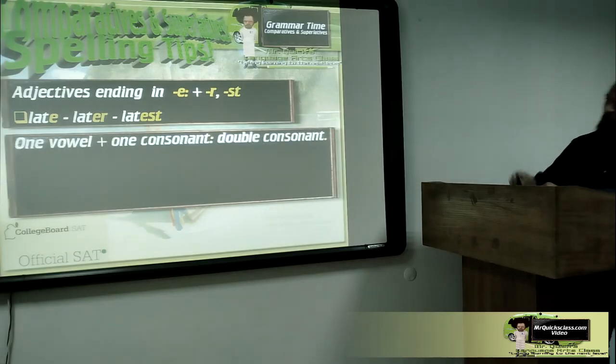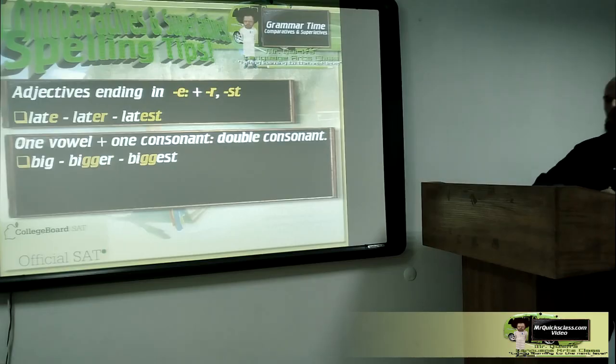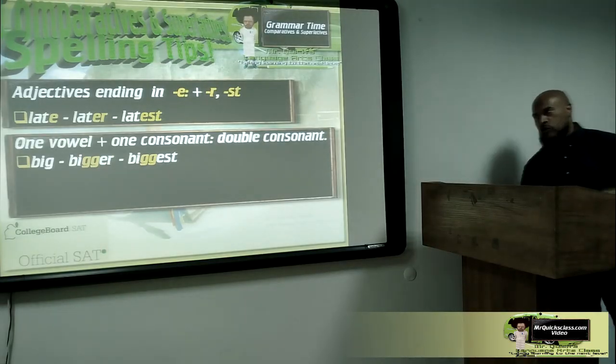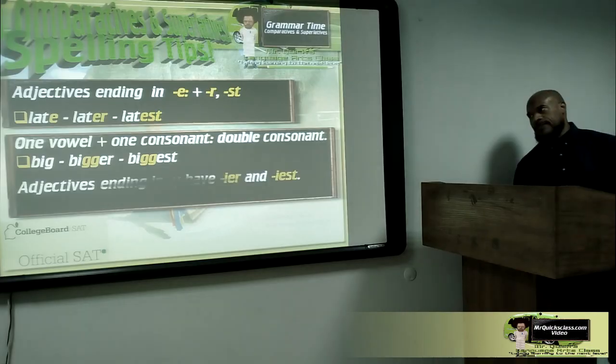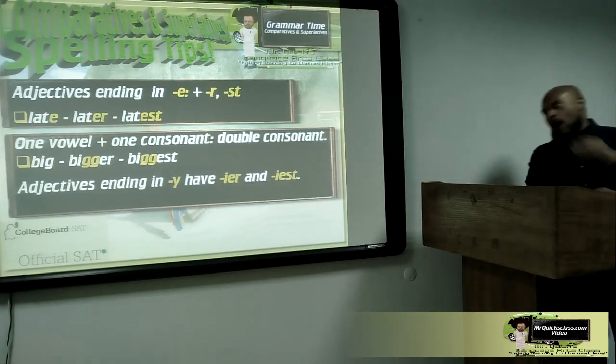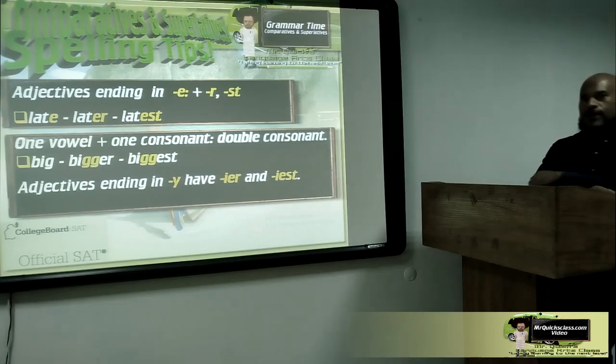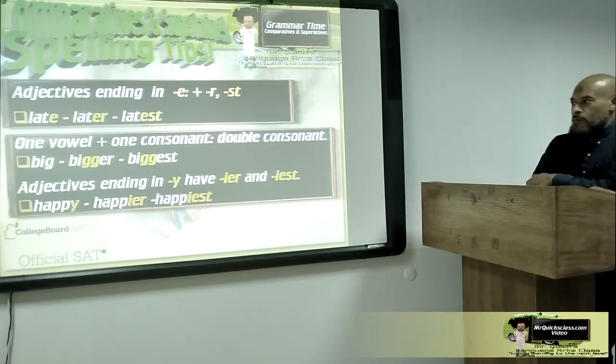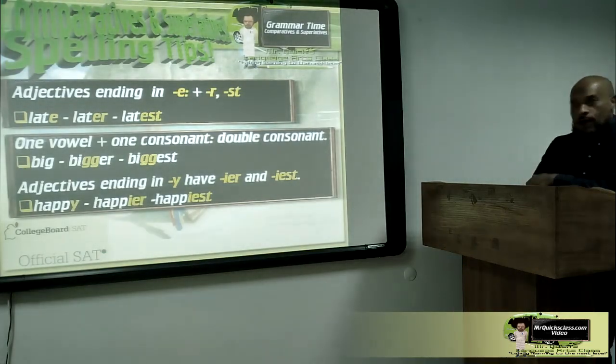And when you're talking about one vowel, one consonant, double consonant, and all that good stuff, all that stuff you learned when you were learning how to spell. Big, of course, you throw in the extra G. You got your bigger and your biggest. And, of course, adjectives ending in Y take IER and IEST. Happy becomes happier. You got to replace the Y, put the IER. You know all the deal.